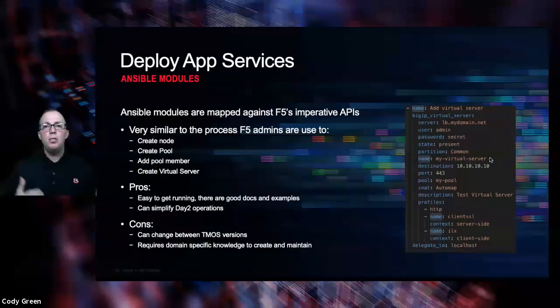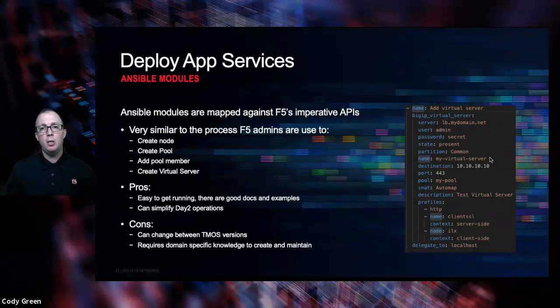So let's take a look at the imperative method using Ansible modules first. Like I said, this is very, very easy to get going. There's tons of good examples and documentation on how you can use the modules that are already out there today, doing simple tasks like up and downing a node or enabling or disabling a pool member. We'll touch on this in the life cycle where we're doing day 2 operations later in the presentation.